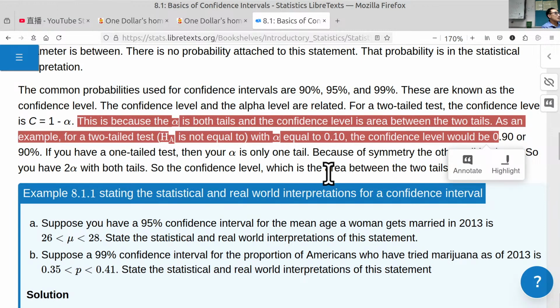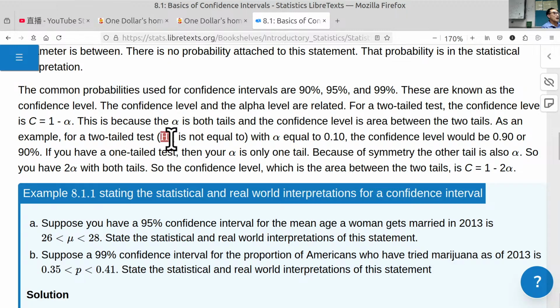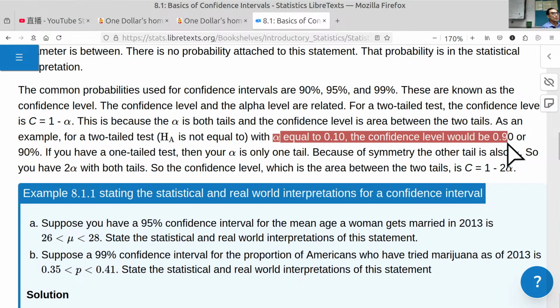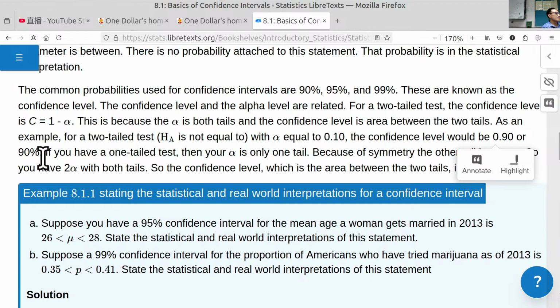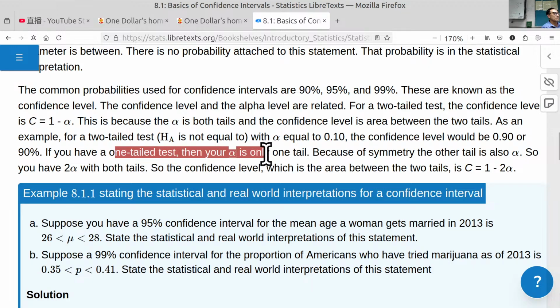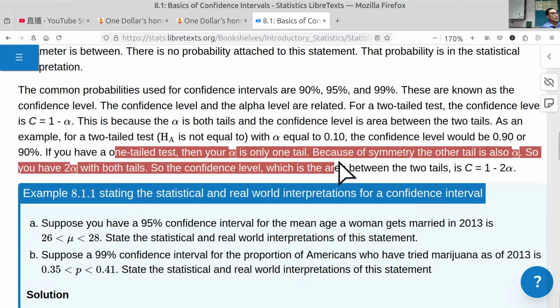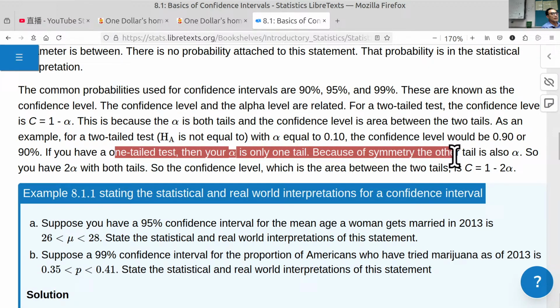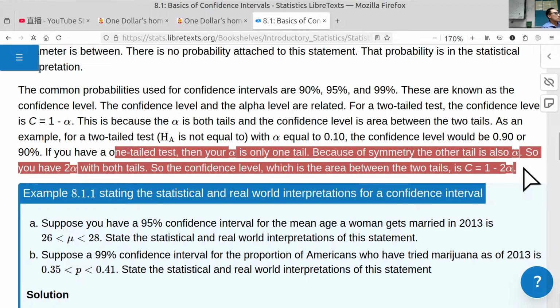As an example, for a two-tailed test, alternative hypothesis HA is not equal to, with alpha equal to 0.1, the confidence level will be 0.9 or 90%. If you have a one-tail test, then your alpha is only one tail, because of the symmetry the other tail is also alpha. So you have two alphas with both tails.